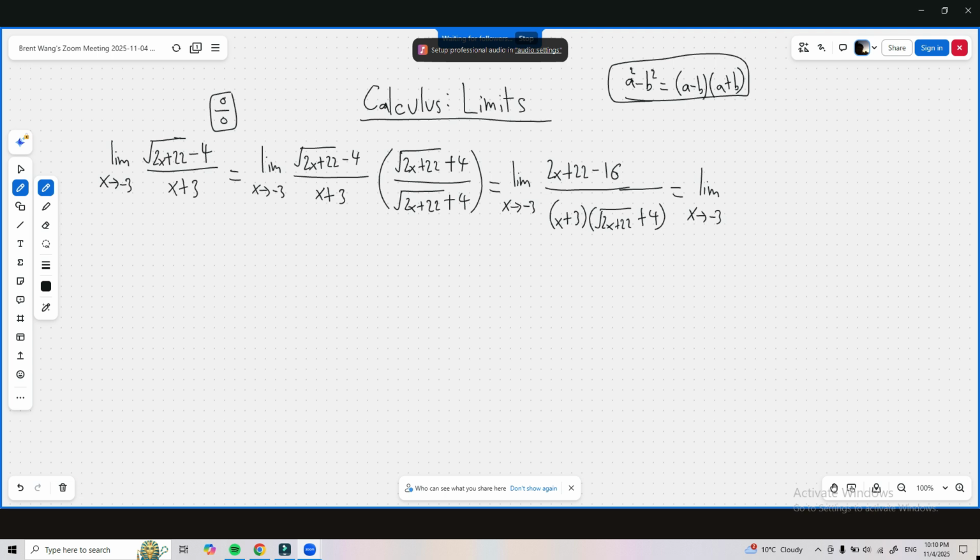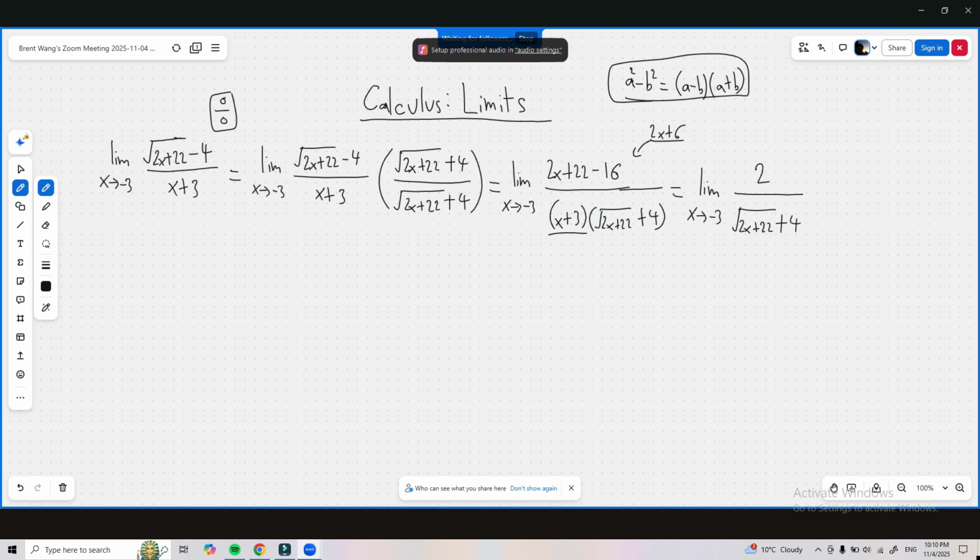The numerator is just equal to 2x plus 6. And 2x plus 6 divided by x plus 3 just gives you a value of 2. So this is 2 divided by root 2x plus 22 plus 4.